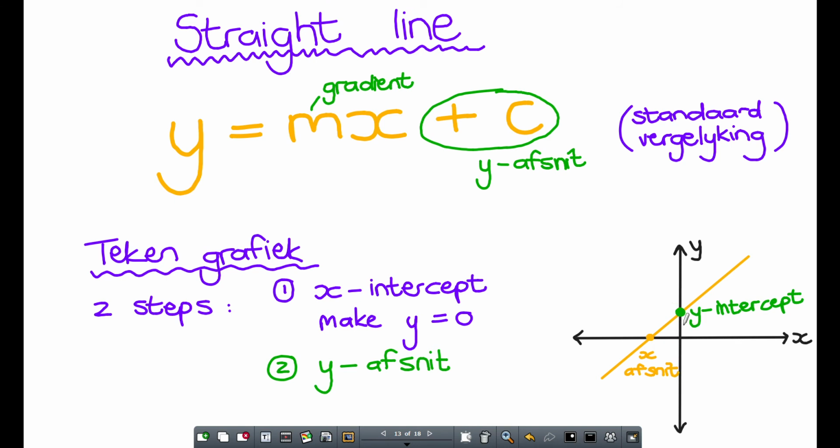So to get the y-intercept, I am going to make x equal to 0. So mark x gelyk aan 0. Okay. You guys fine so far? Right, so let's look at an example. Can I skip? You still copying? Okay.